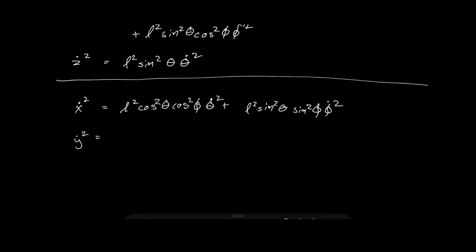Then y dot squared equals L squared cosine squared theta sine squared phi theta dot squared plus L squared sine squared theta cosine squared phi phi dot squared.